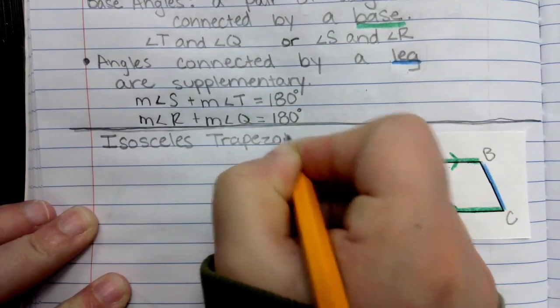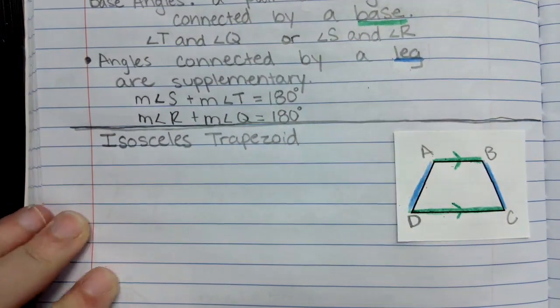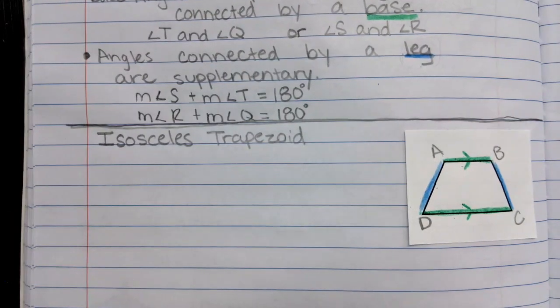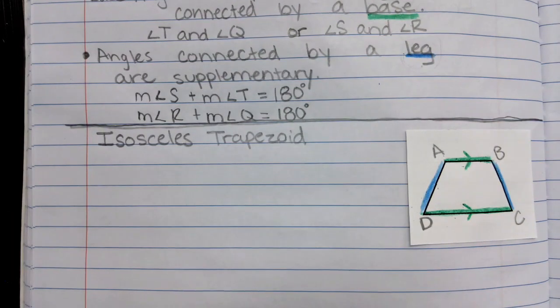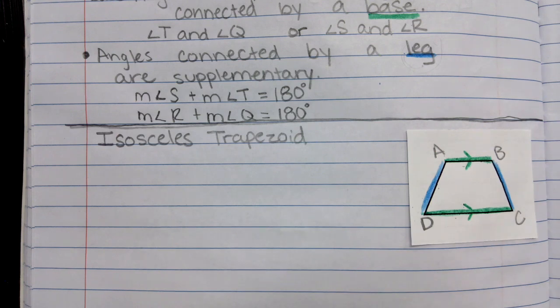And here, what did we say are the legs? AD is going to be congruent to the other leg, BC. So the legs are congruent.